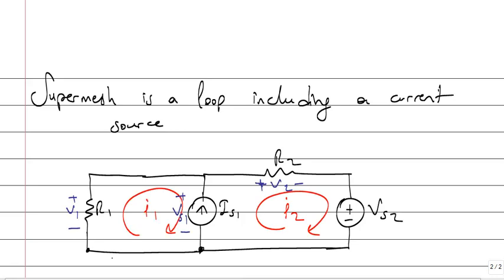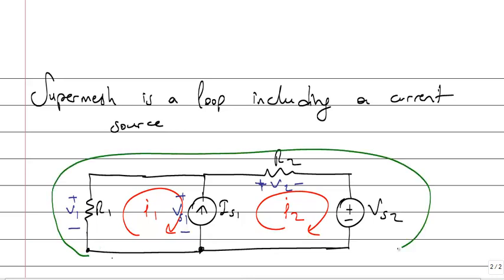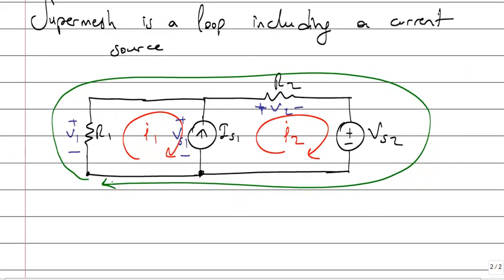You can say there is a super mesh like that. You have included the current source. You start from here, you continue like that, and you write the super mesh equation. So instead of two equations, on that circuit you will have only one equation.